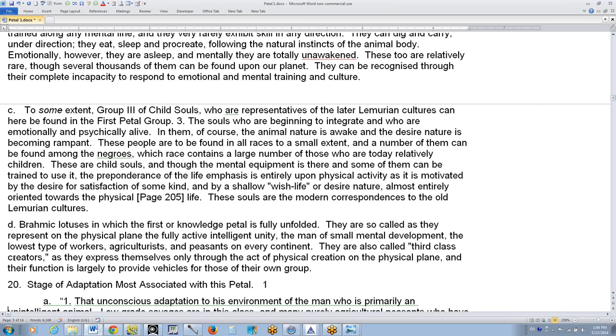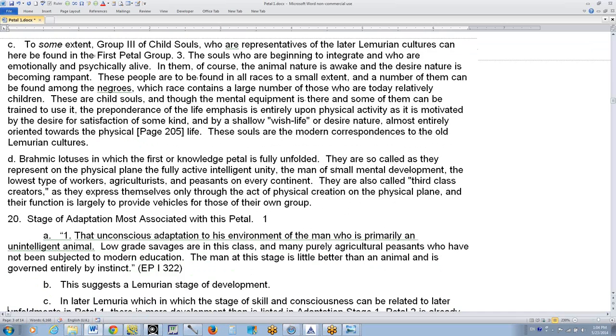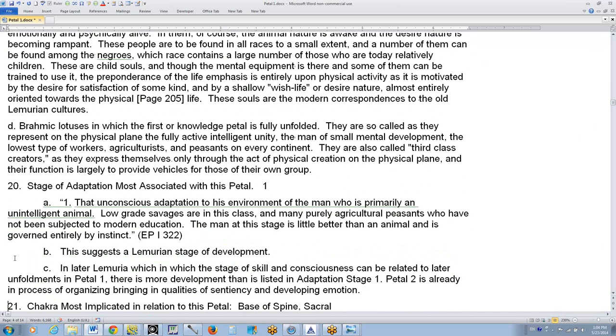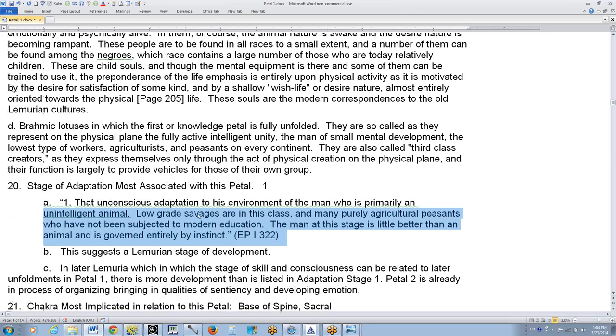There are people in whom the lotuses of Brahman, the second petal is on the point of opening because they've been working on it for quite a while. Now we go to the stage of adaptation most associated with this petal, and this is from EP1, and it's the unconscious adaptation to his environment of the man who is primarily an unintelligent animal.